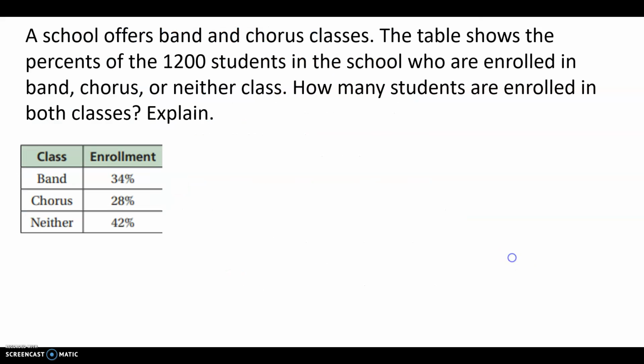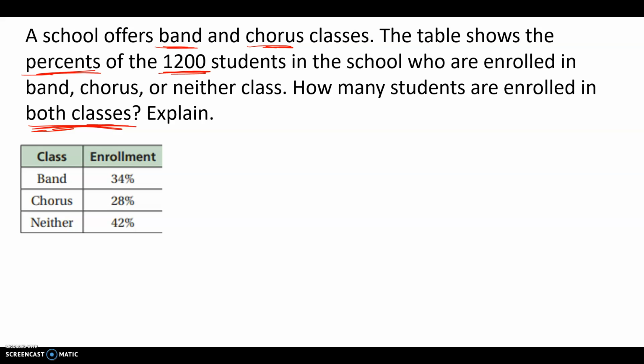Let's do the problem right below it. A school offers band and chorus classes. A table shows the percent of the 1,200 students in the school who are enrolled in band, chorus, or neither. How many students are enrolled in both classes? So we're looking for both classes.